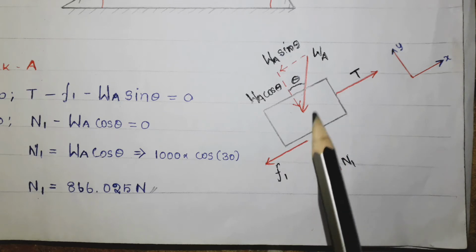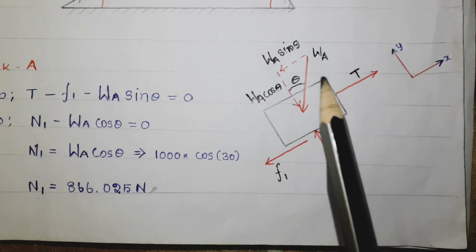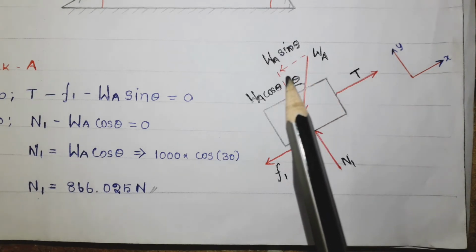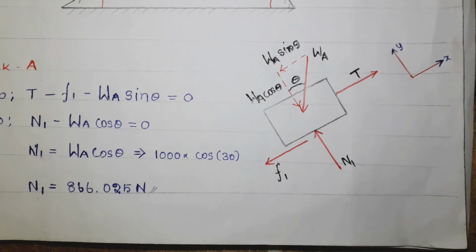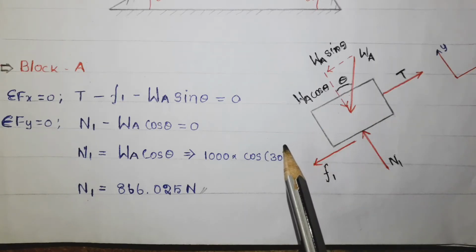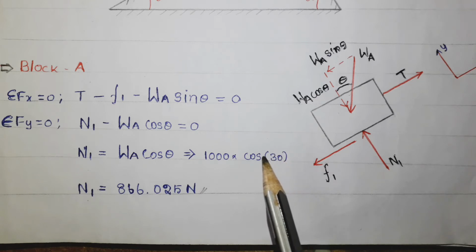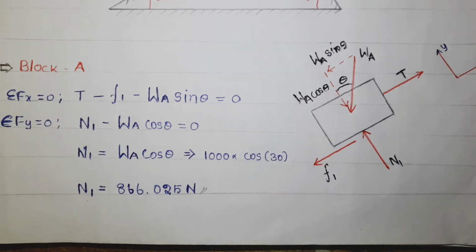Moreover, this weight is neither parallel to x axis nor parallel to y axis, so it has to be resolved, one along x axis, another one along y axis. Since there are three unknowns, we have to go for three equations, and the first two equations are equilibrium equations of particle, and the third equation is the friction equation.